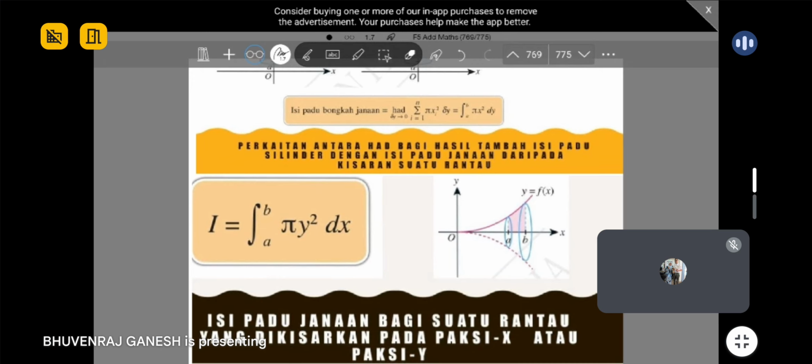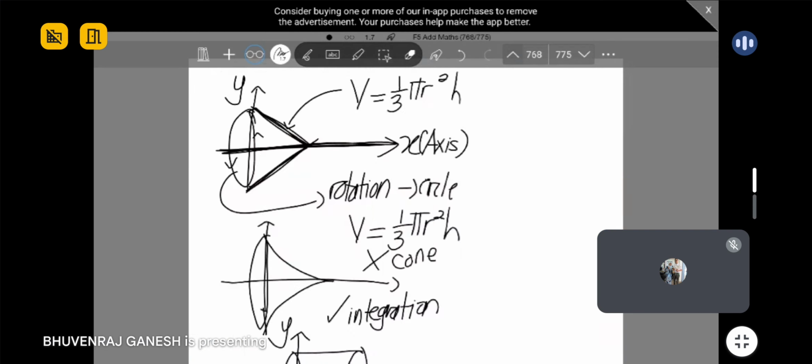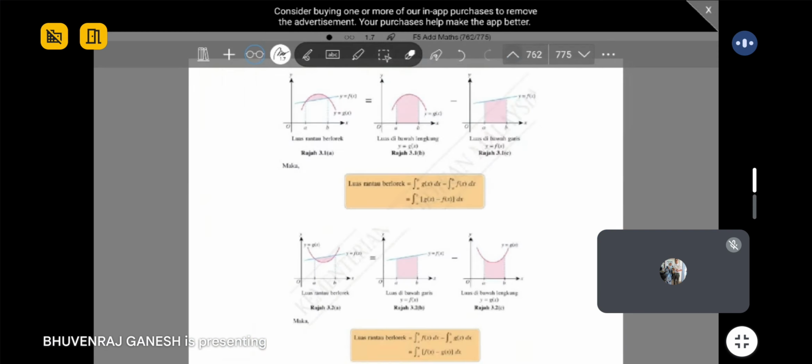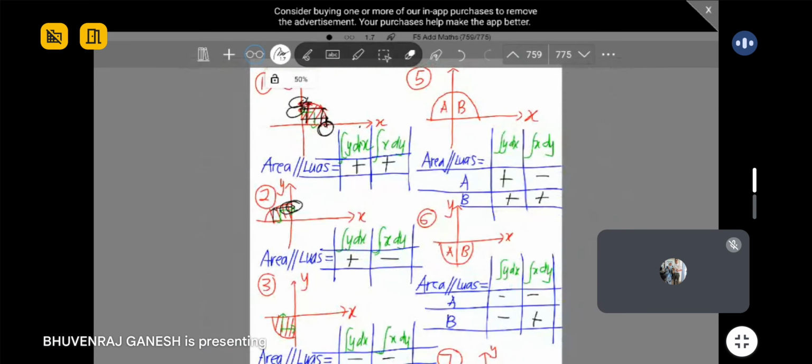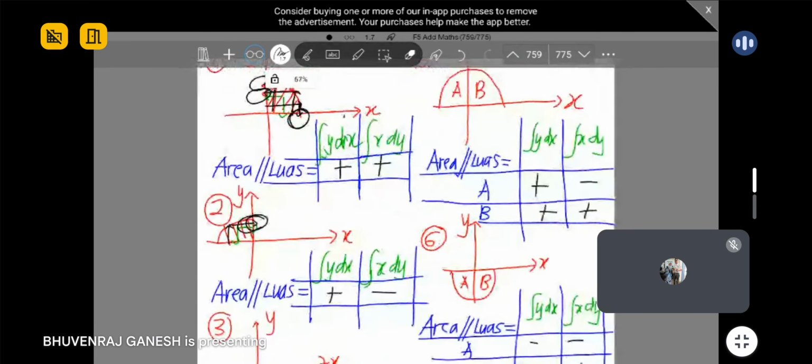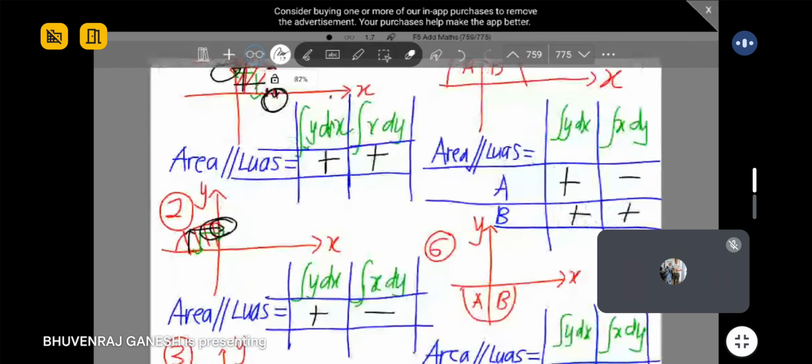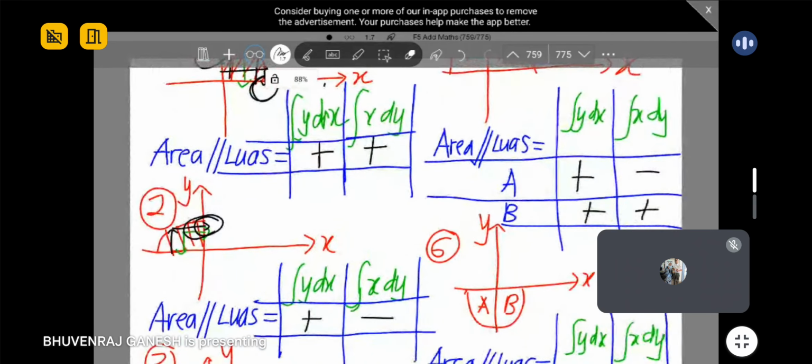Maybe I can try to explain in a better way, maybe in a way that textbook never teach. Okay, so that they can understand also, especially this part over here, this one. Textbook never explain this one to you, how to know which area positive, which area negative. They just ask you hafal only, remember.